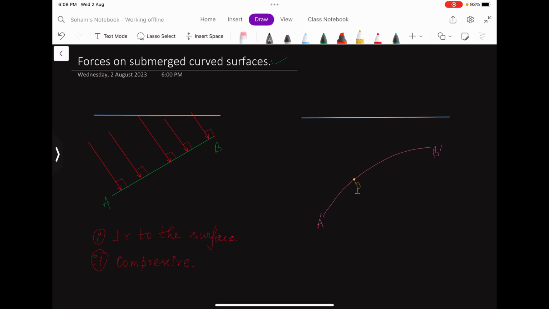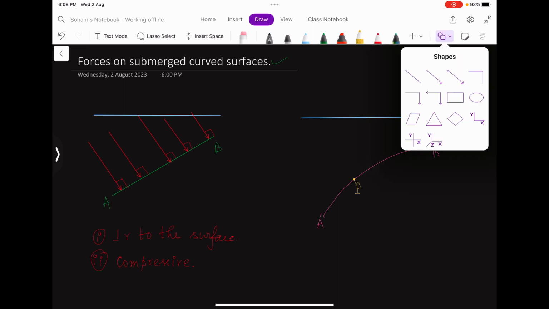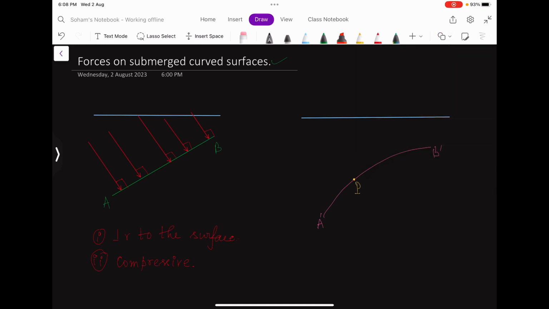First of all, the force should be compressive and it should be perpendicular to the surface. So on any curve, how can you draw a perpendicular? We all know that firstly I have to draw a tangent through this point.